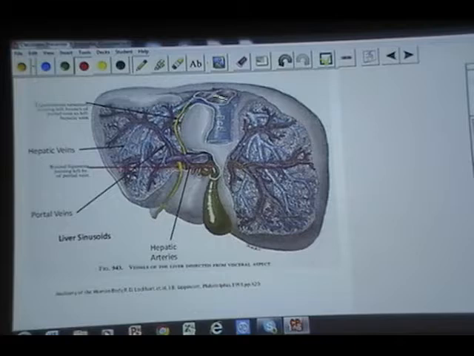These are hepatic veins draining into the inferior vena cava. This is the inferior vena cava actually coming against the posterior abdominal wall, draining units such as the posterior abdominal wall, the lower extremity, the kidneys, the adrenals. That is all draining back in here, okay?